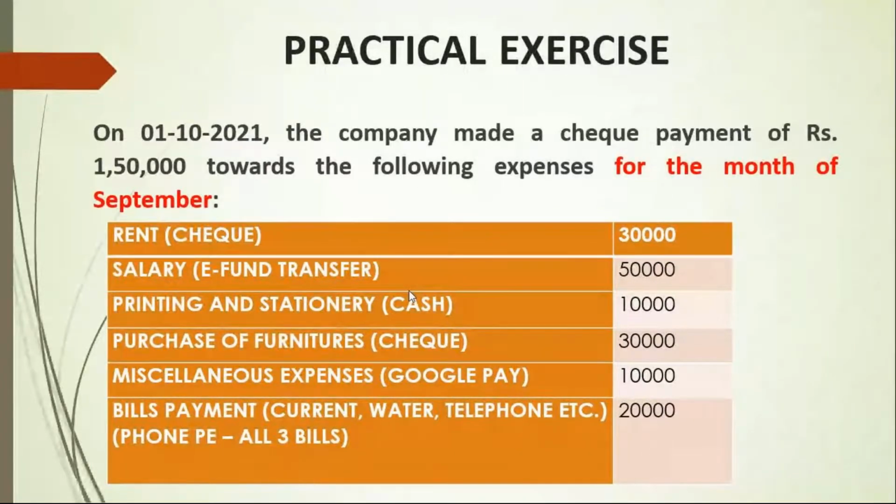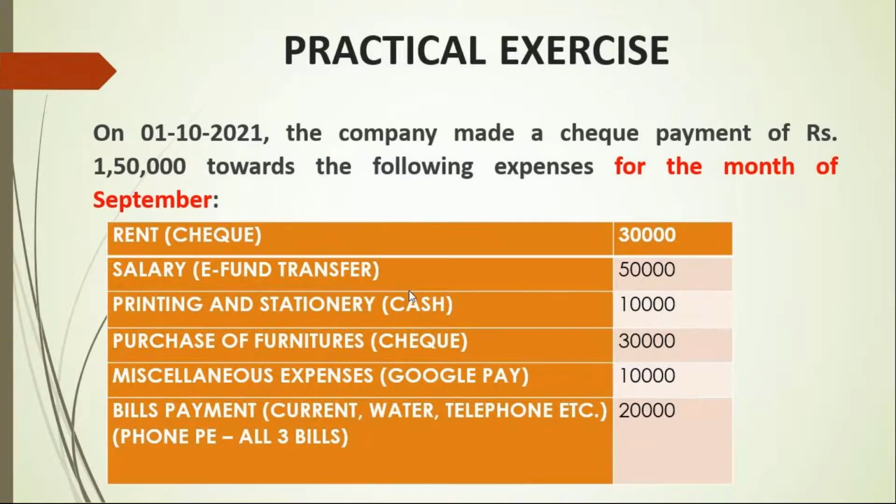On 1st of October, the company made a check payment of 1,50,000 towards the following expenses for the month of September. Now, for the complete month of September, gross amount of expenses is 1,50,000. So to pay this, of course, we are using the bank payment voucher.